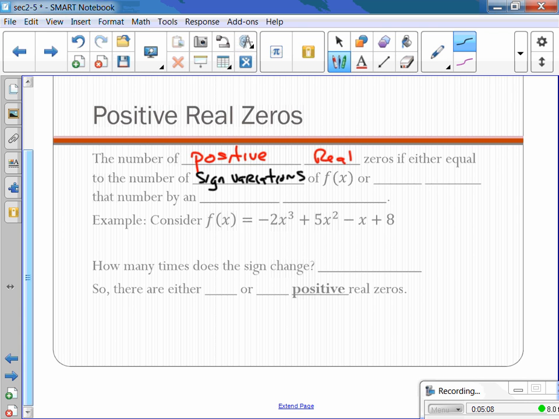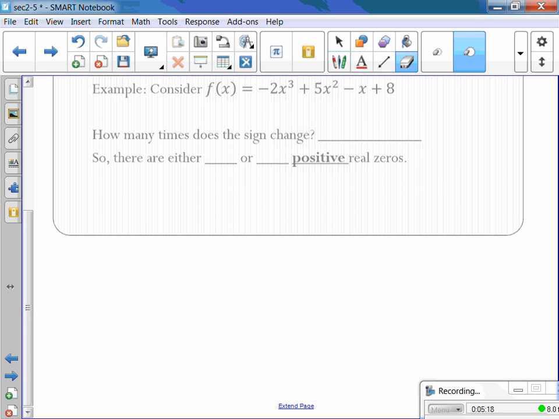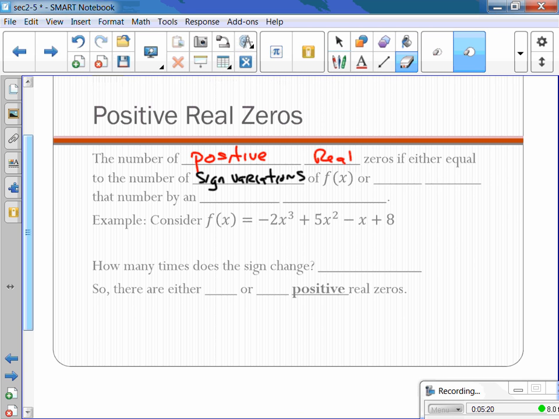Again, going from positive to negative, negative to positive. Or less than that number by an even integer.